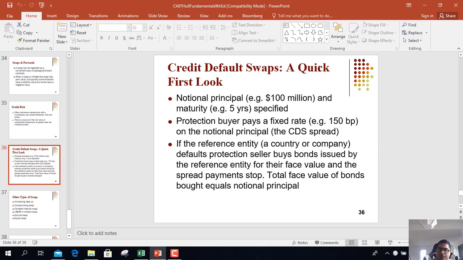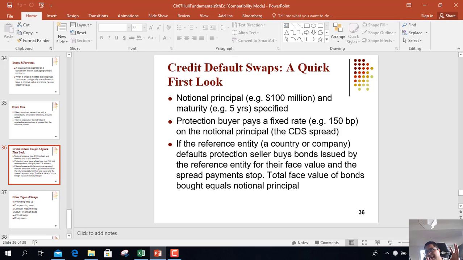Credit default swaps. So credit default swaps we are going to discuss in future chapters too. But what is a credit default swap? It is like an insurance. So you can buy credit default swaps on any company or any bond. So credit default swap is where you pay an insurance premium and the insurance company will pay you if the company defaults.